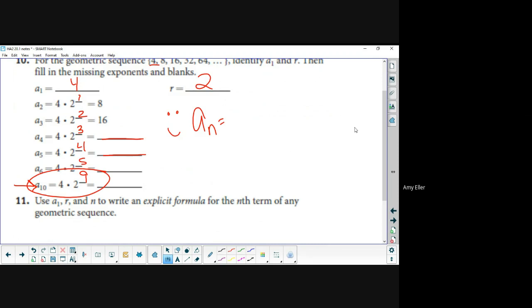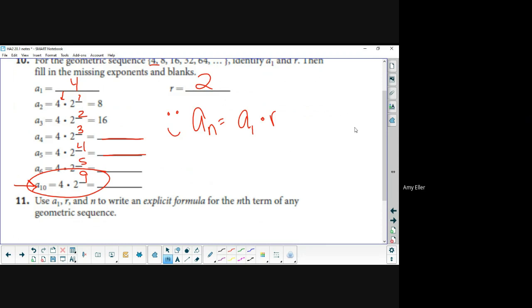Any ideas on what I'm going to start with in my formula? Where would I always start? A sub 1. They started with 4, which represents your first term. Then what? Times r. Okay, keep going, Tyler. Times r what? Yes, a sub n. Minus 1.